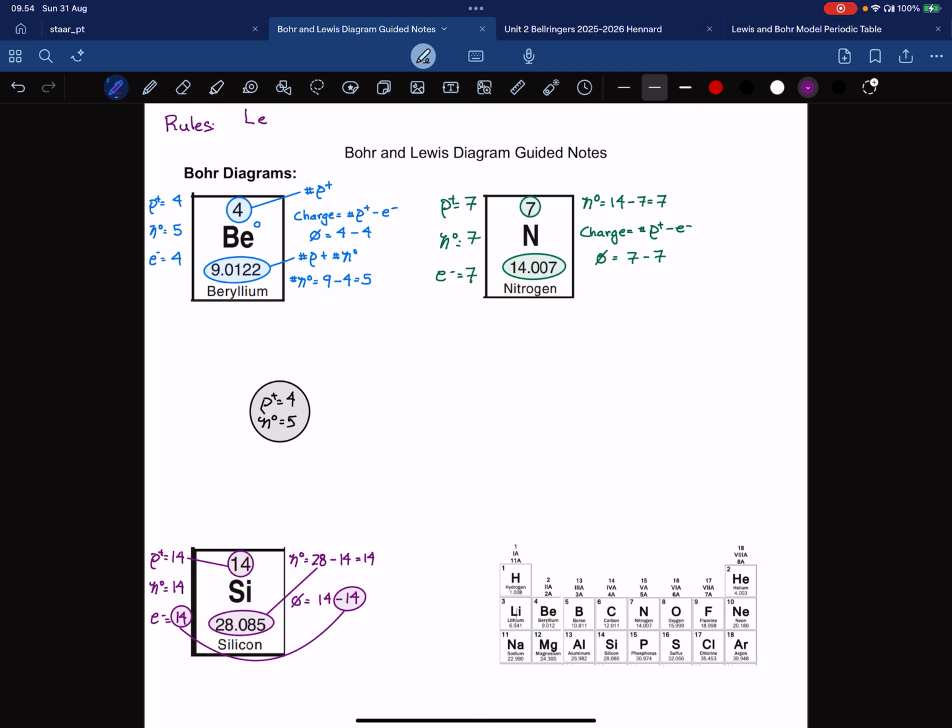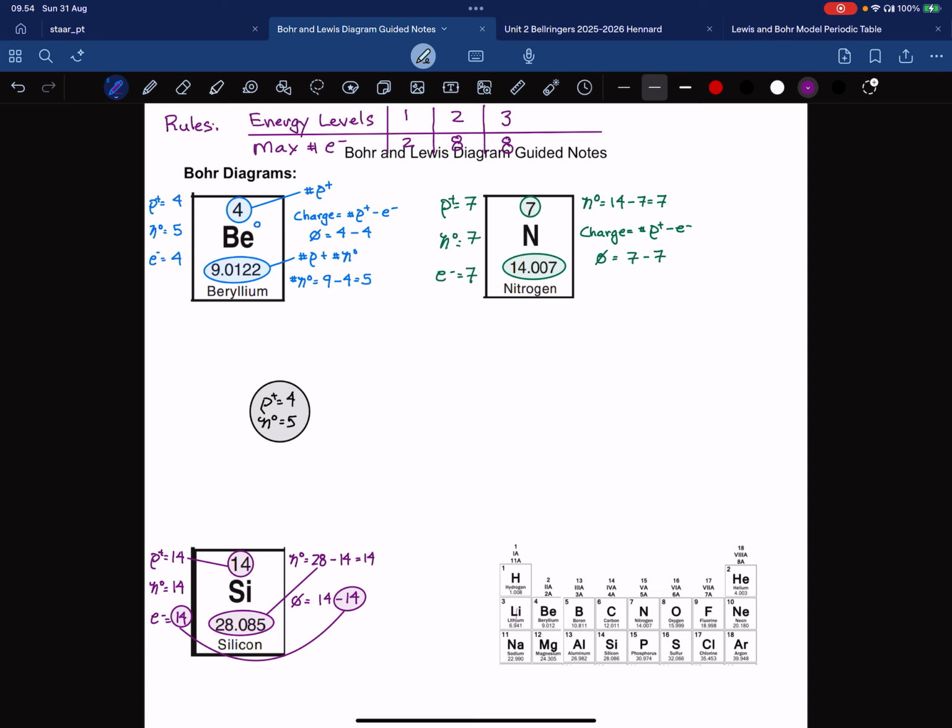You have energy levels, and you have a maximum number of electrons. For energy level 1, the maximum number of electrons is 2. For energy level 2, the maximum is 8. And for energy level 3, the maximum is 8.